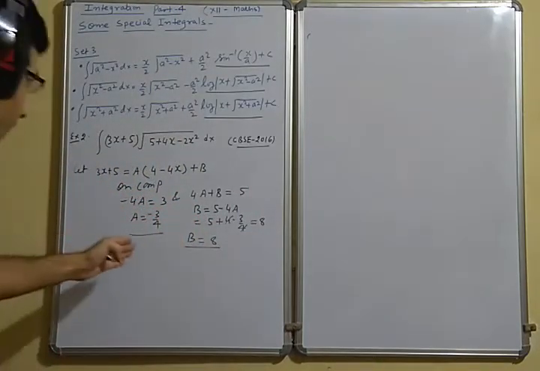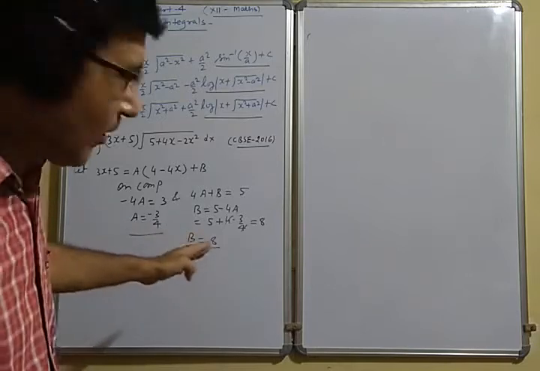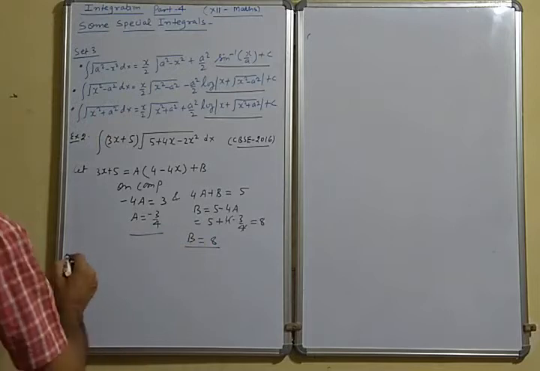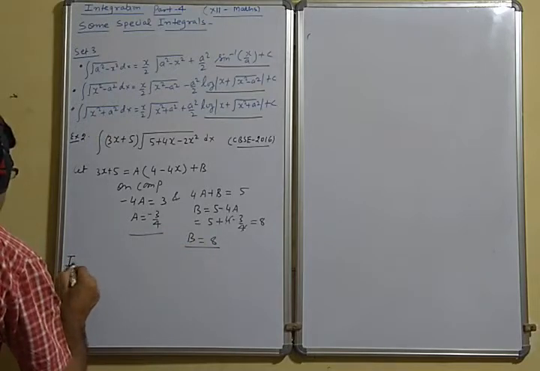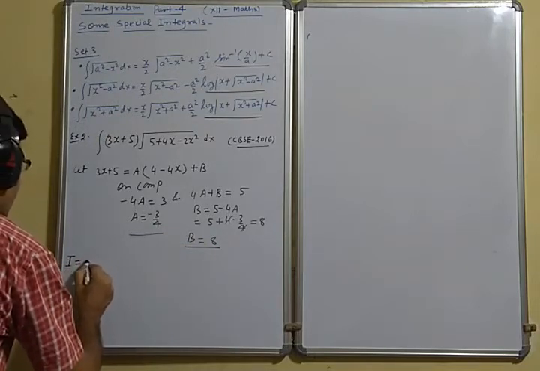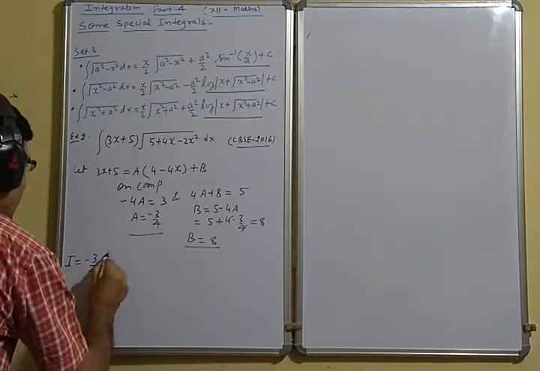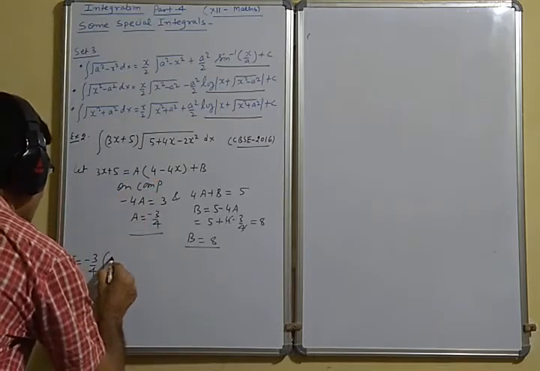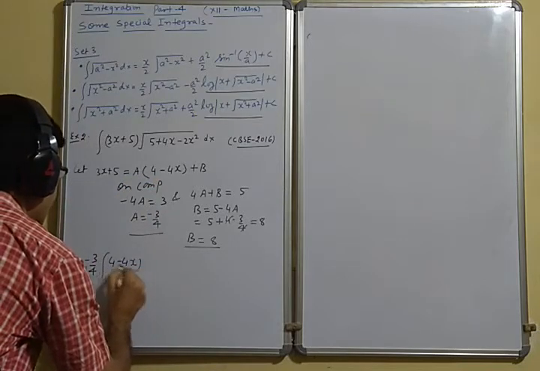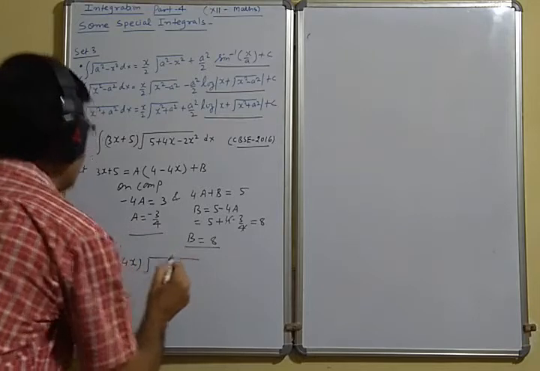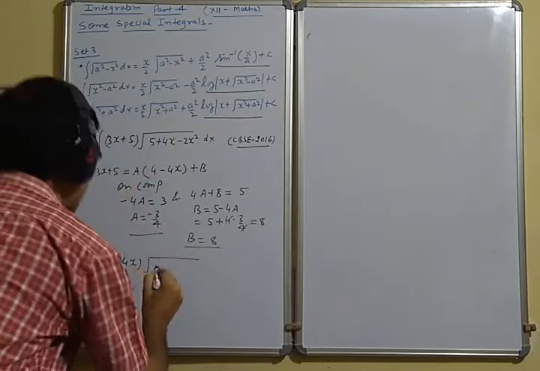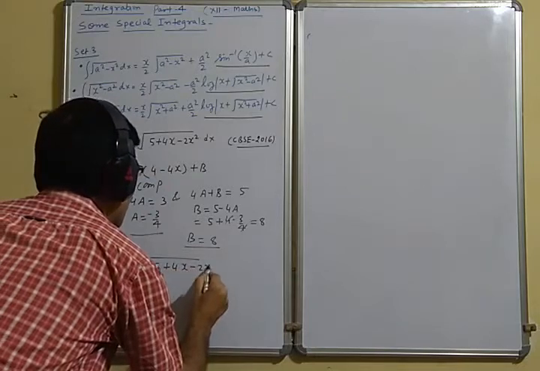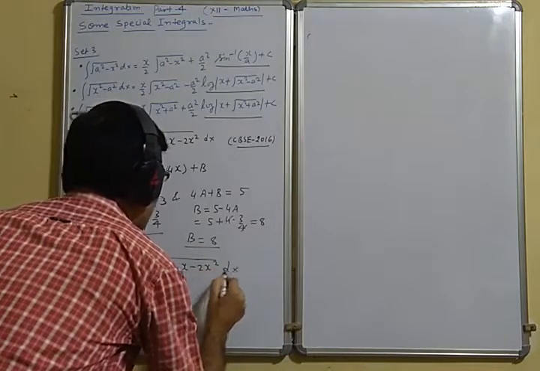So after getting the value of a minus 3 by 4 and b is equal to 8, the integral becomes I is equal to minus 3 by 4 integration (4 minus 4x) under root 5 plus 4x minus 2x square dx.